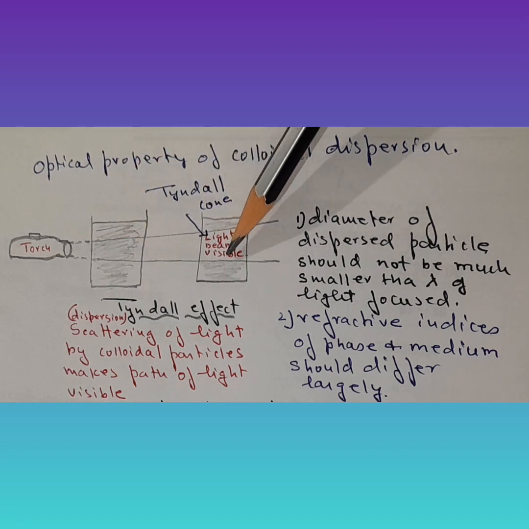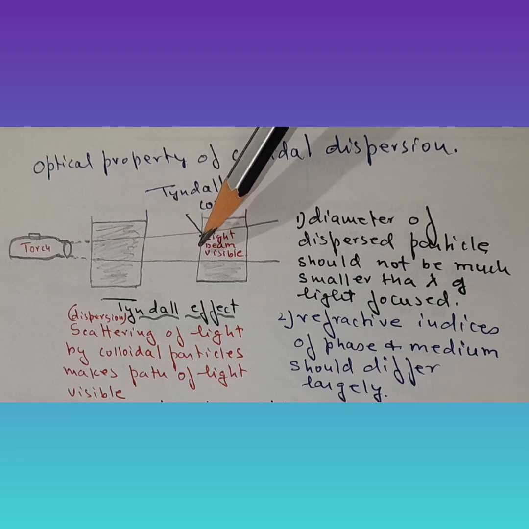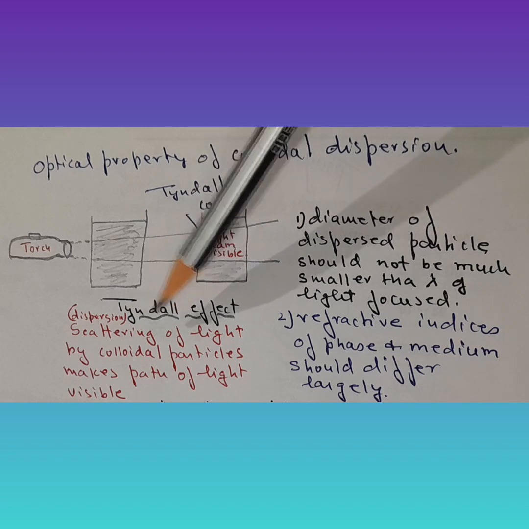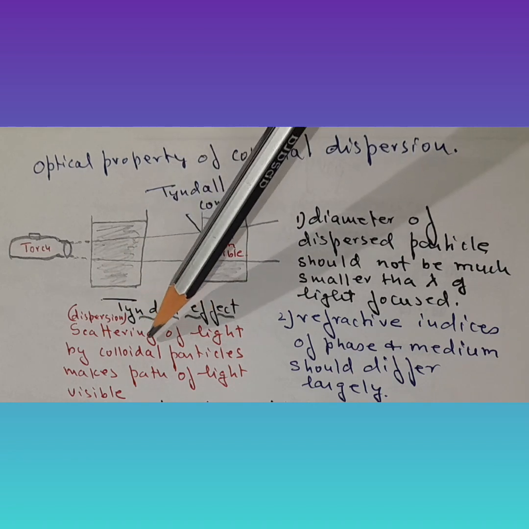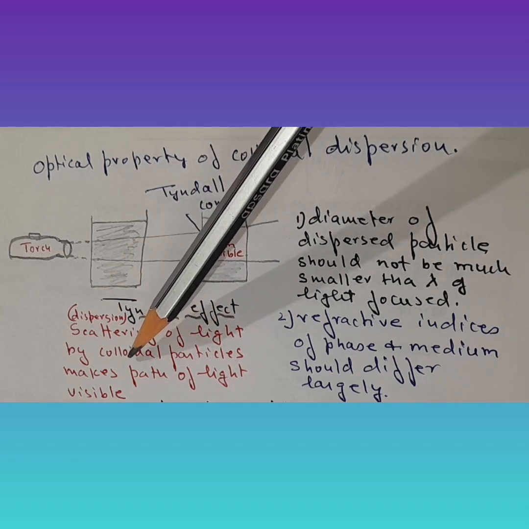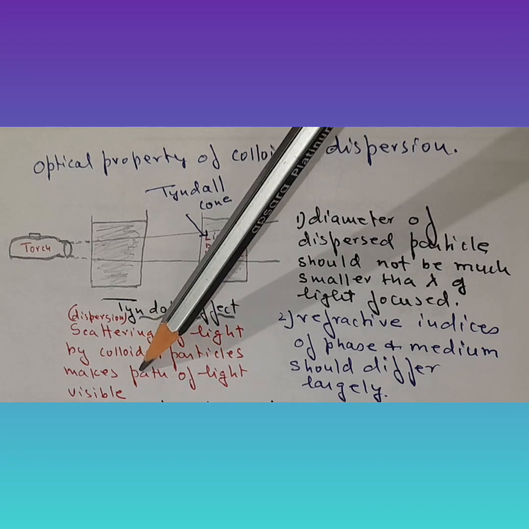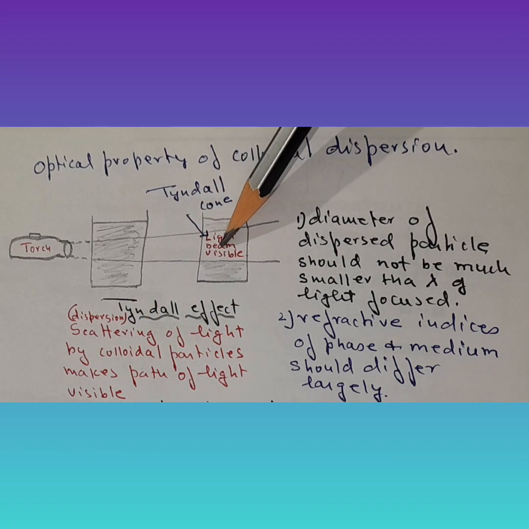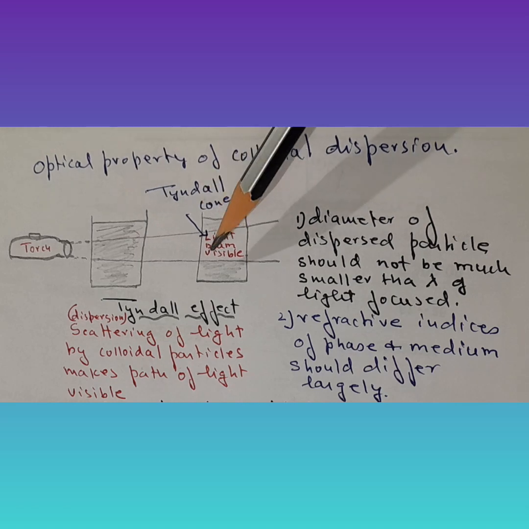Whereas in case of a colloid, the light beam is clearly visible. Now this scattering of light, or rather dispersion of light by colloidal particles, makes the path of light visible, and this is known as Tyndall cone, and the effect is known as Tyndall effect.